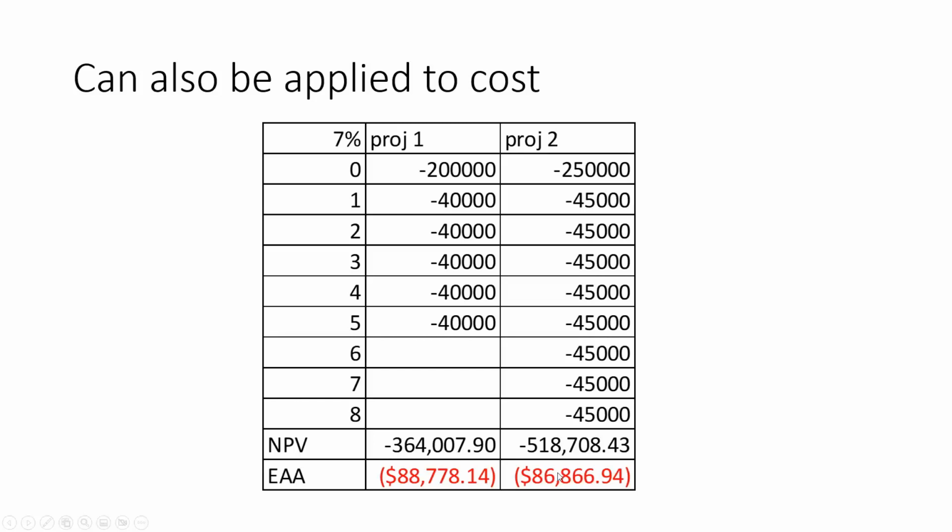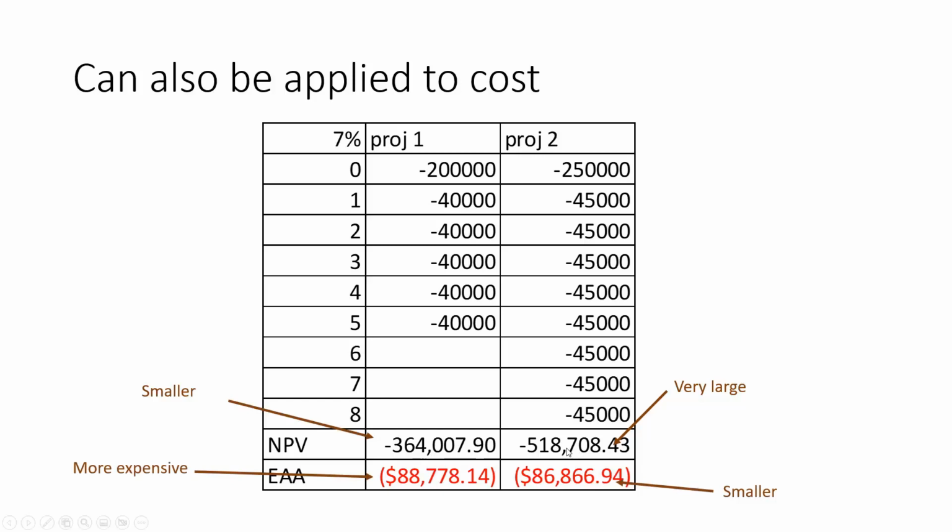But notice how its equivalent annual annuity is lower, so let's just go through these numbers. Its NPV is very large and negative. This project one has a smaller negative NPV, so we would be inclined to choose project one because it's got a smaller negative number. However, project 2 has a smaller equivalent annual annuity.